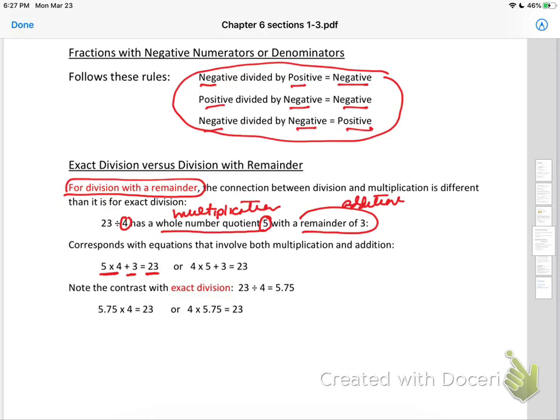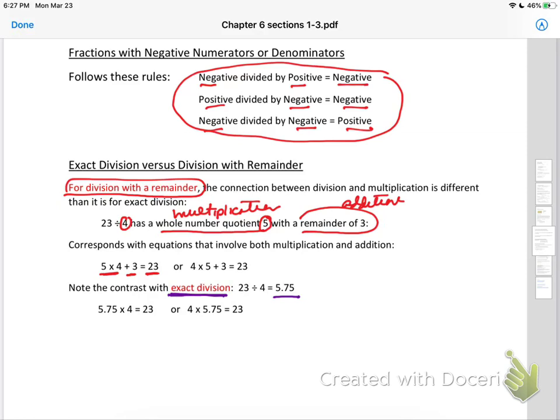Okay? Then let's look. So that was division with a remainder. So now let's look and see if you have exact division, which is this situation. What do we have? 23 divided by 4 gives me 5 and 75 hundredths.